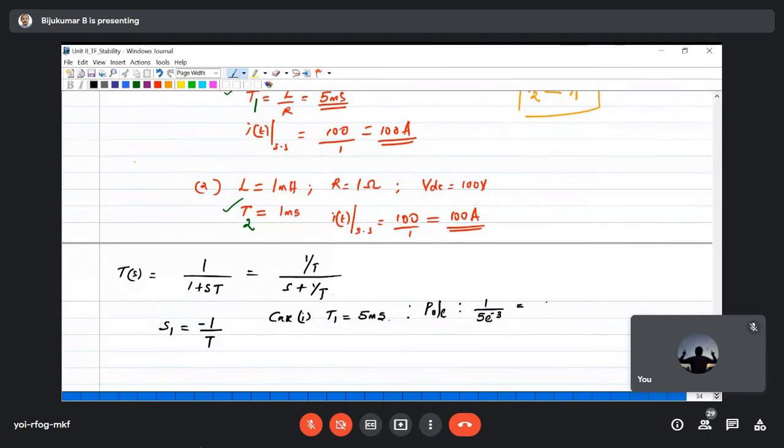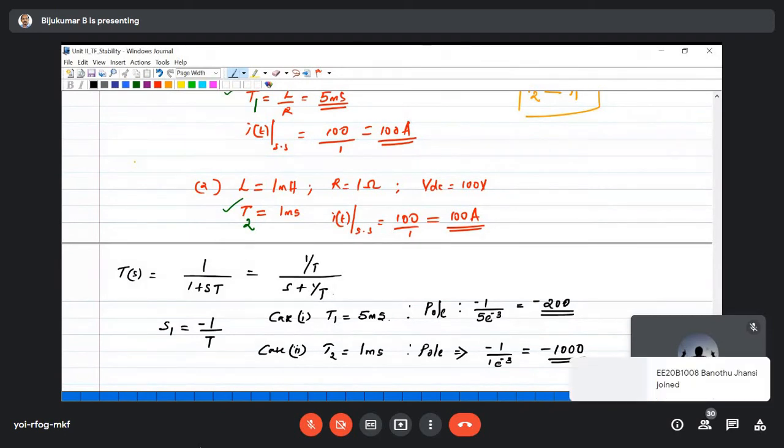So the pole location is at minus 200. Okay. What about case 2? In case 2, we know the time constant is 1 millisecond, and the corresponding pole we can write as minus 1 by 1 e power minus 3, which is equal to minus 1000.